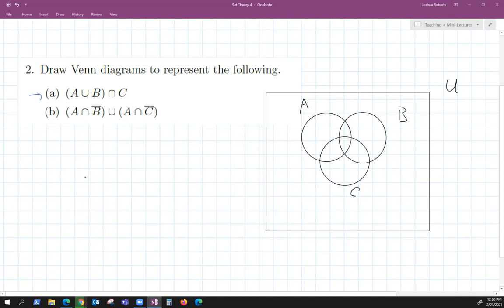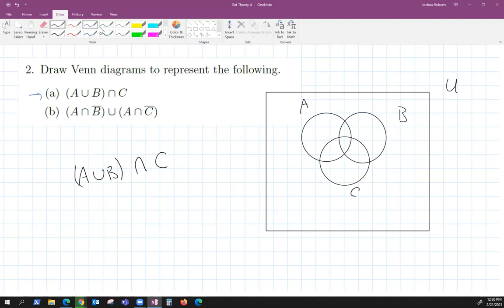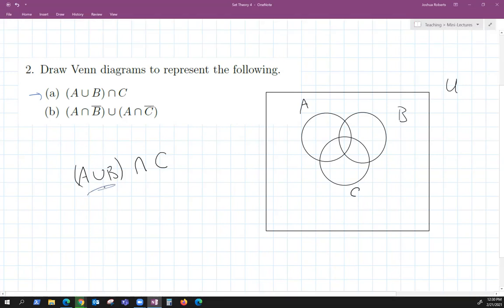So I want to do A union B, and then I'm going to intersect that with C. So let me use blue for A union B. So that's just going to be everything in A or in B or in both.